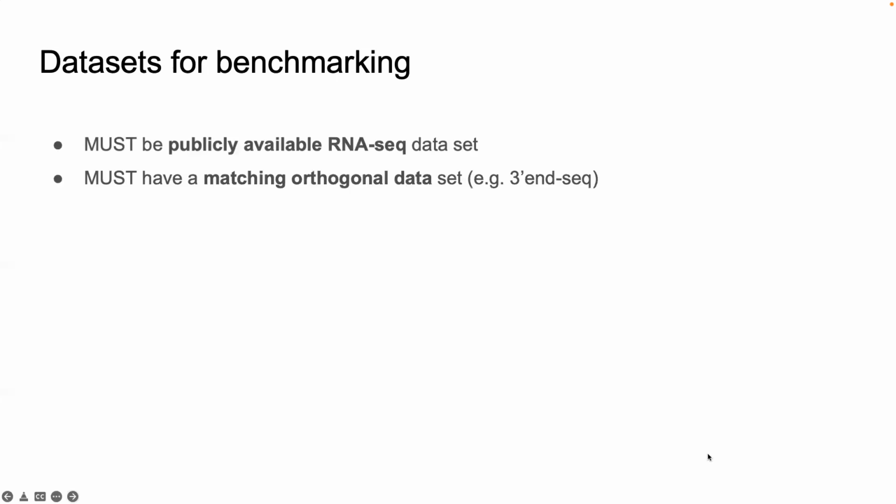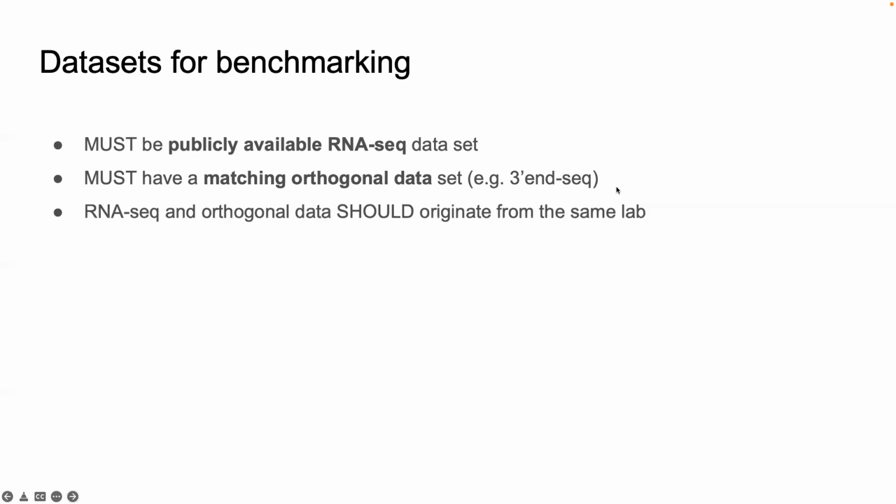So far, we've collected the tools. Now we need to collect different data sets for benchmarking. In doing this, we decided on a few guiding principles to define which data sets were usable. First, we required that the RNA-seq data was publicly available, and that RNA-seq data had some sort of matching orthogonal data, like, for example, targeted 3' end sequencing technique.